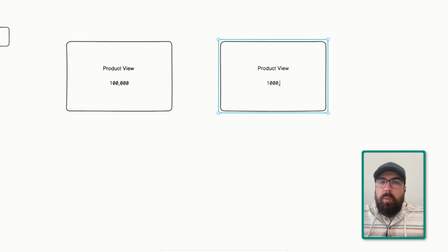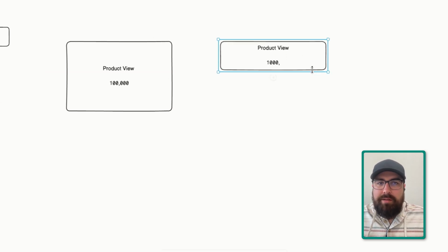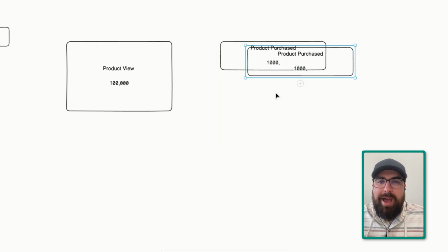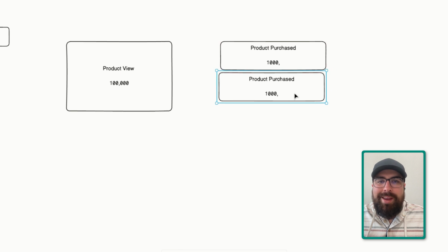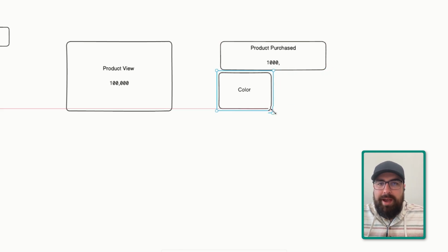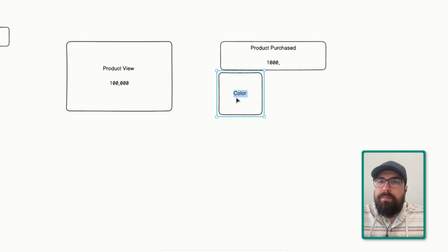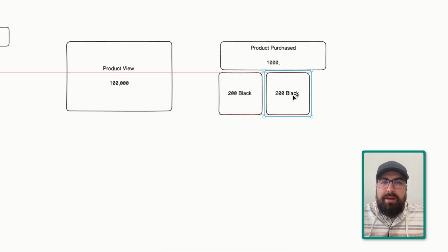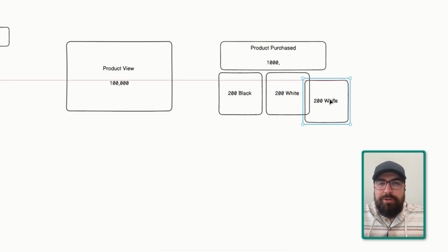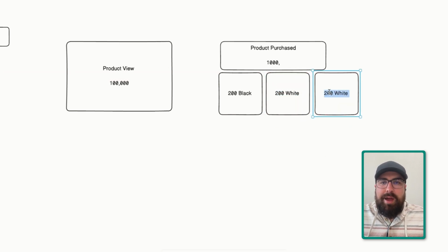Great. Well, we then have to break this down, right? So now we have to say, okay, inside of this product that we have purchased, someone has purchased this hat, we now have these different categories, right? So we have the category of color. And so maybe we had, for example, 200 black, and then we had 200 that were white, and then we had 600 right here that were purple.